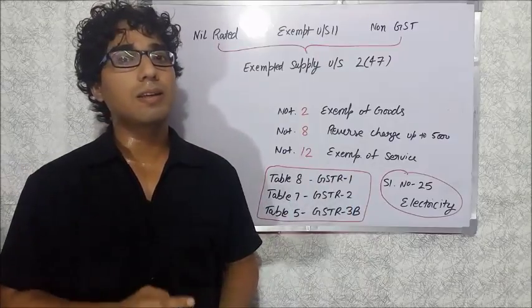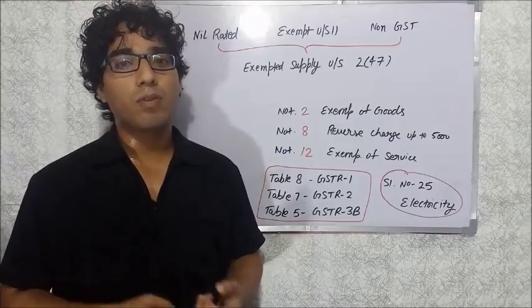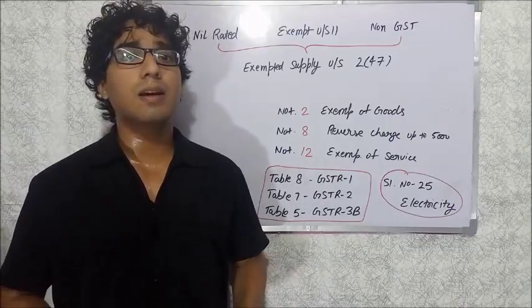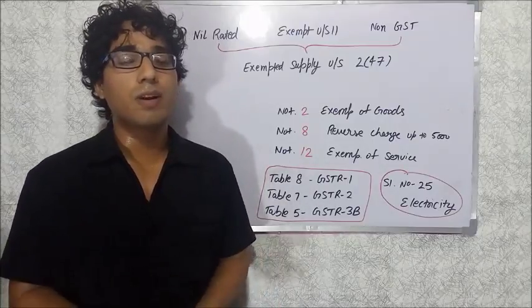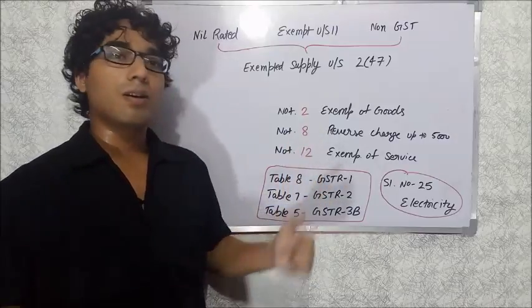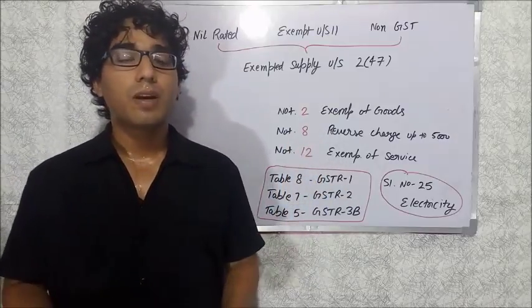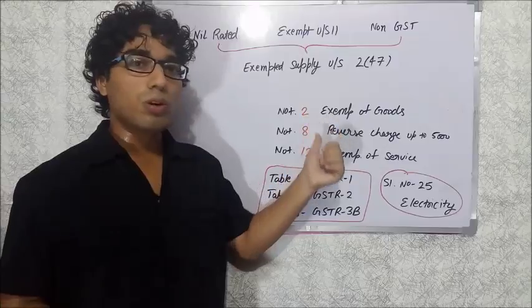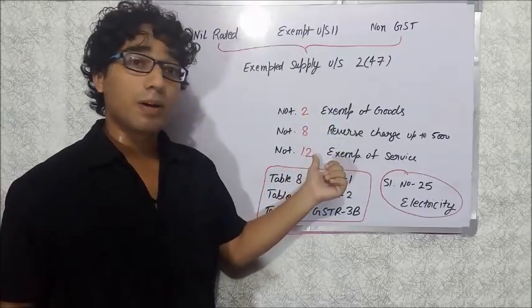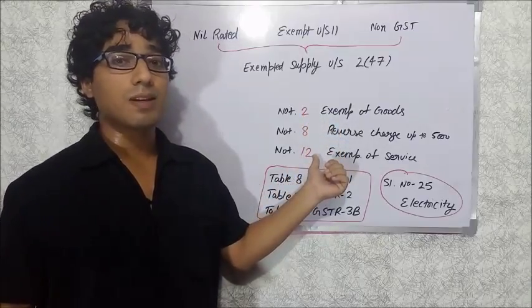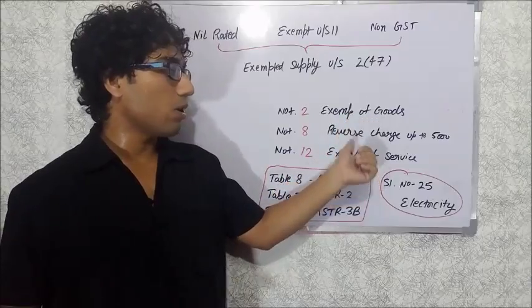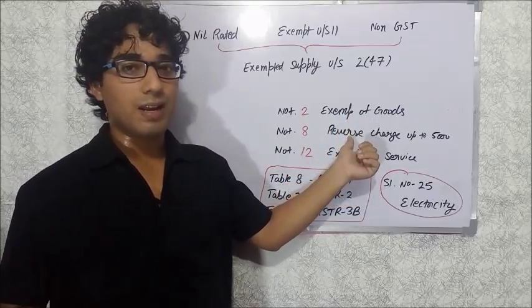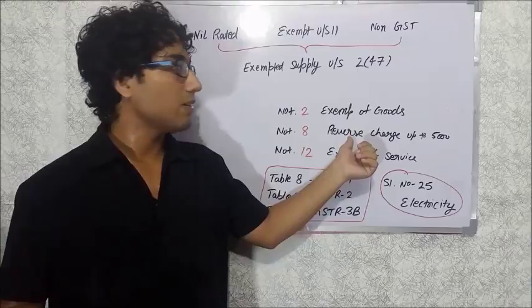Number 9 is applicable to the TDS deductor and number 10 is applicable to those dealing in second hand goods or services. We will not discuss notifications 9 and 10. Notification 2, notification 8 and notification number 12 give you the exemption relating to goods, services or inward supply on which you are liable to pay tax under reverse charge.